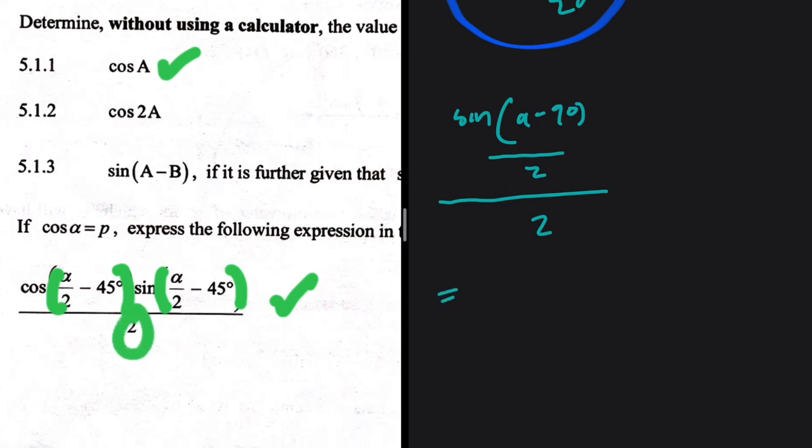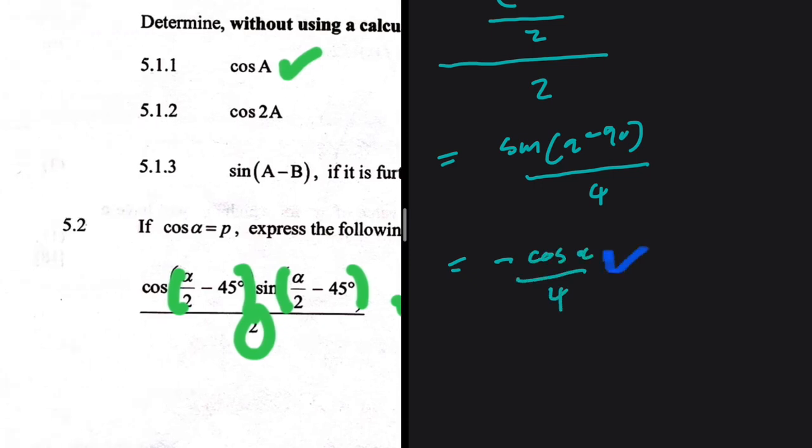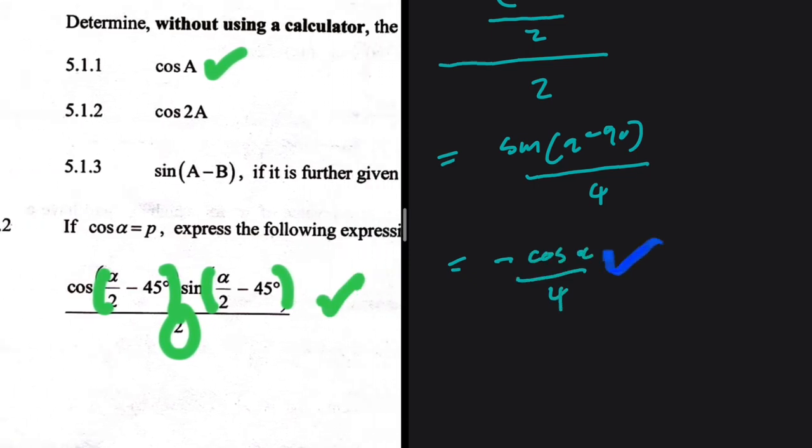So this is going to be equal to sine of alpha minus 90 over 4, right? So what is sine of alpha minus 90? Sine of alpha minus 90 is equal to minus cos of alpha over 4. So this is where 5.2 ends up.